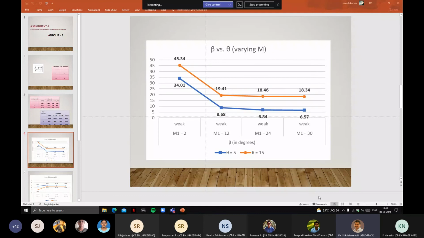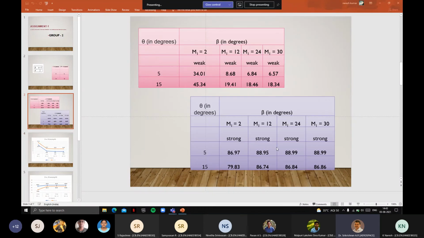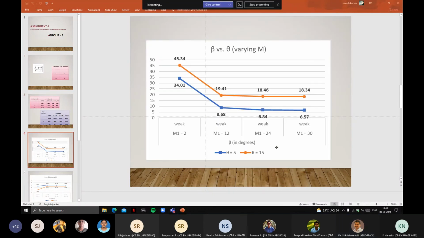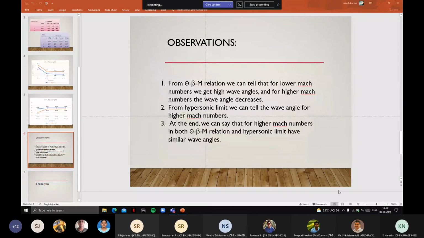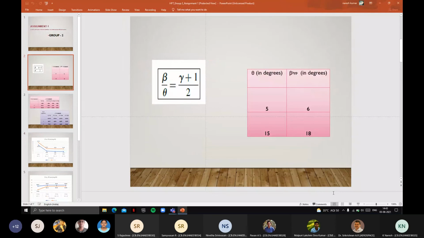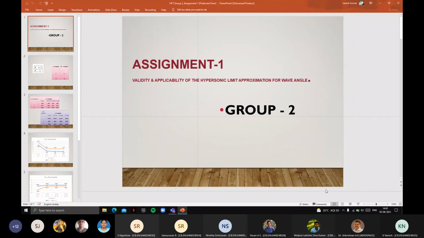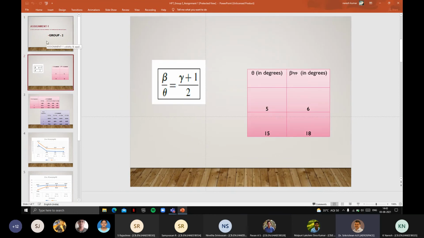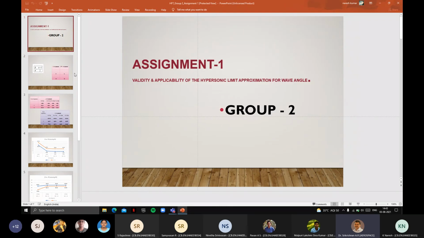Go to the first slide, the statement of the problem or the question. Second, I'm sorry, the next, the validity and applicability of hypersonic limit approximation for the beta-theta relation.